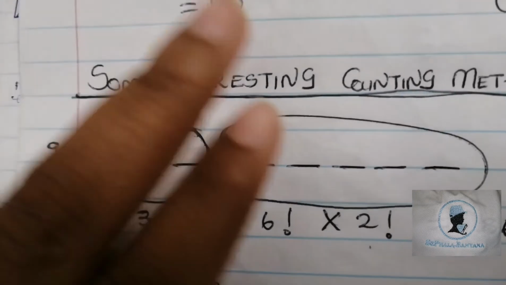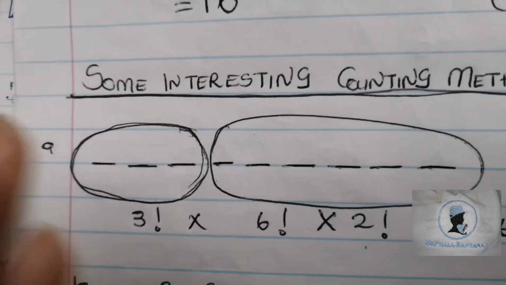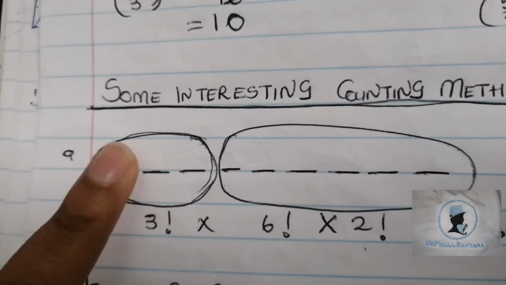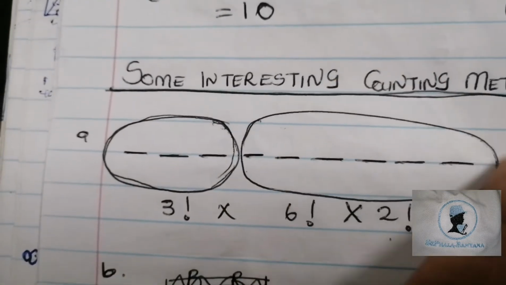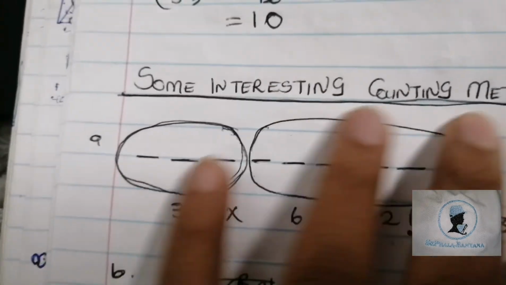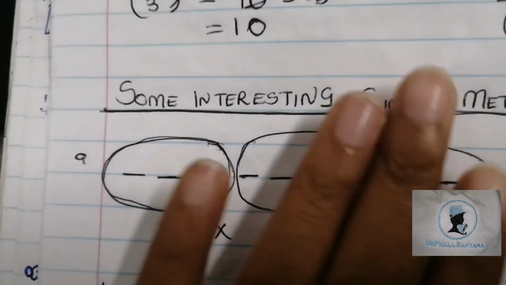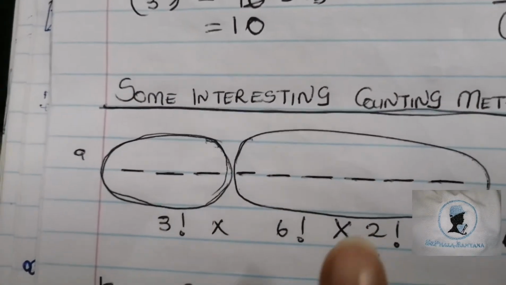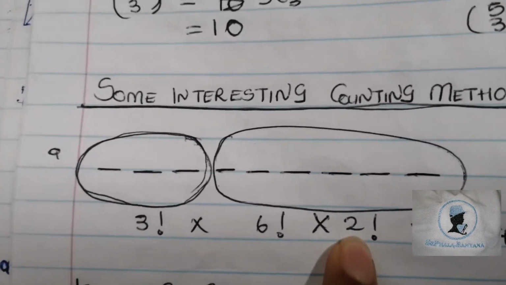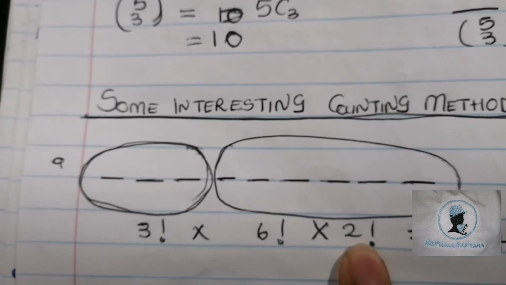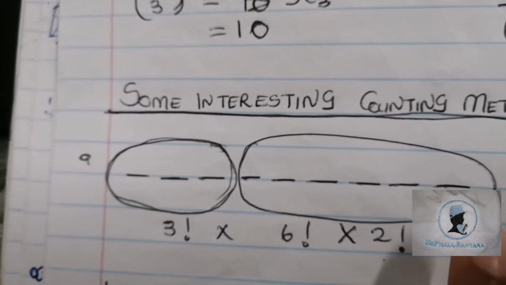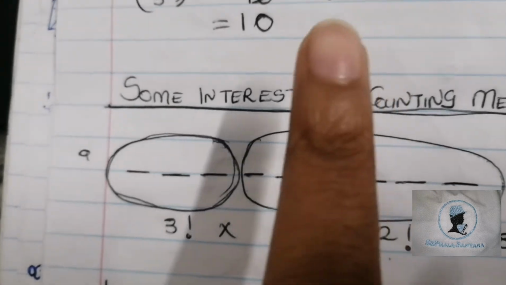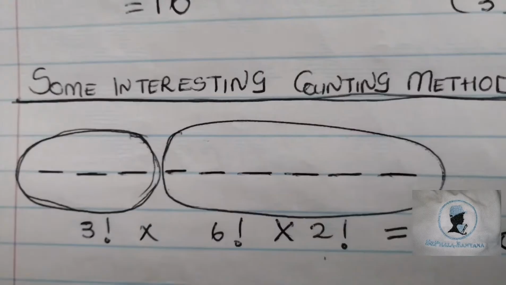So it can either be that the girls sit first, then the boys come after them, or the boys can be this side and the girls can be that side. So that's why we have this 2 factorial here, to show that either the boys or the girls can start or can sit first.